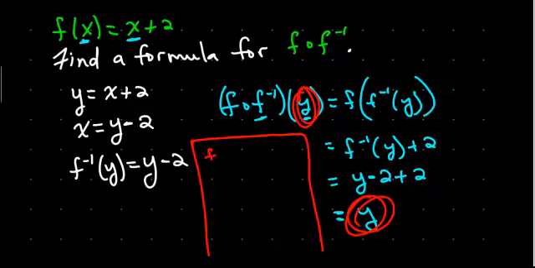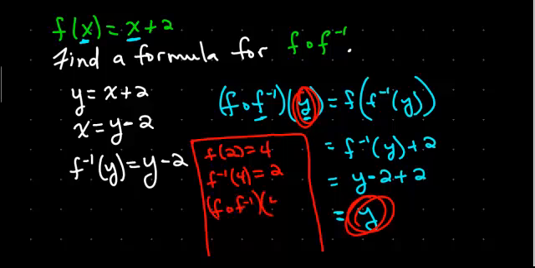F of 2 equals 4. So that means f inverse of 4 equals 2. So if we look at f composed with f inverse of 4, well, f inverse sends 4 to 2, and then f is going to send 2 right back to 4.